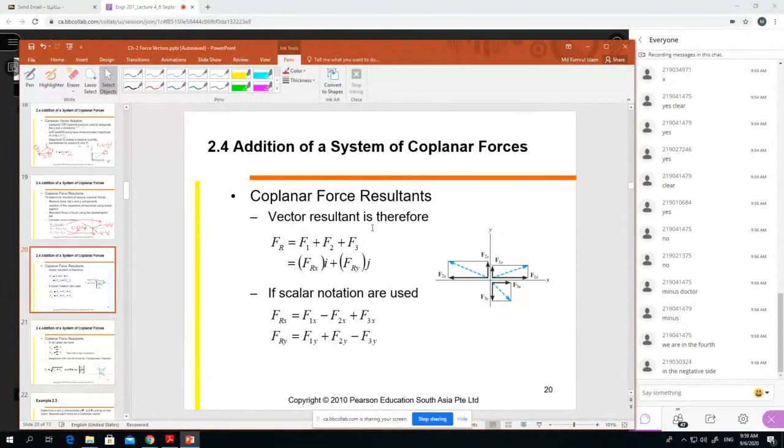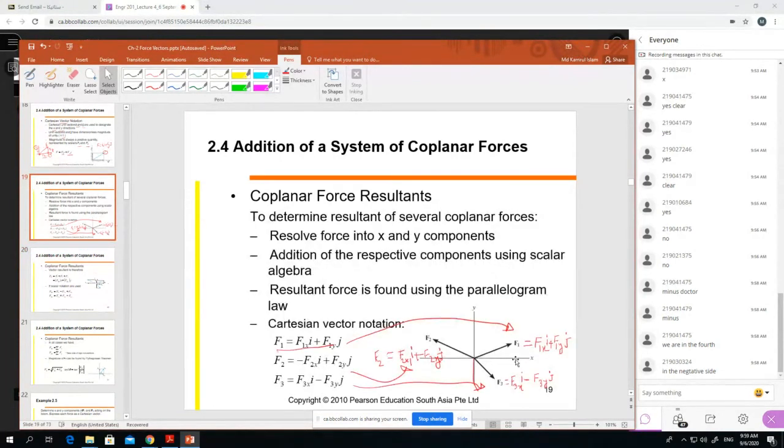Now, what will be the resultant force? We have three forces there. Always remember, this is the vector notation. Don't be confused between the vector notation and scalar notation. When you see i and j written, always remember this is vector notation.